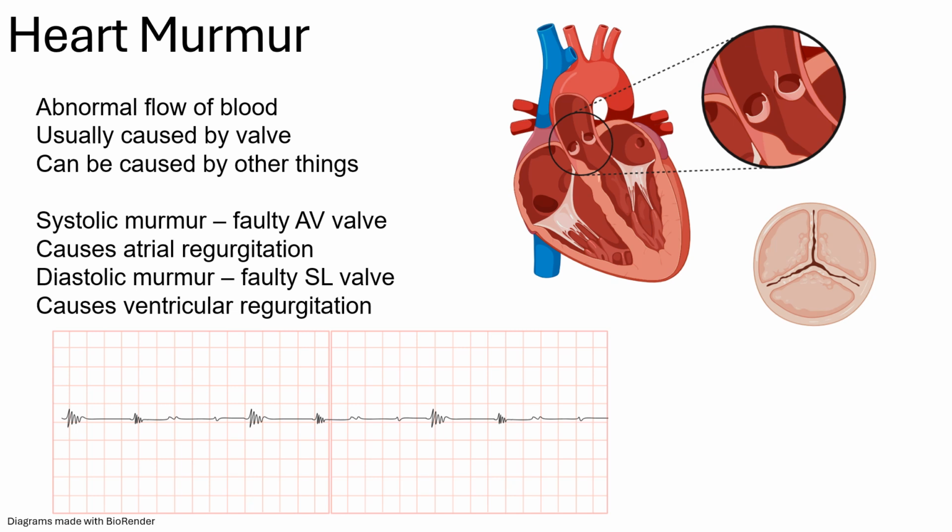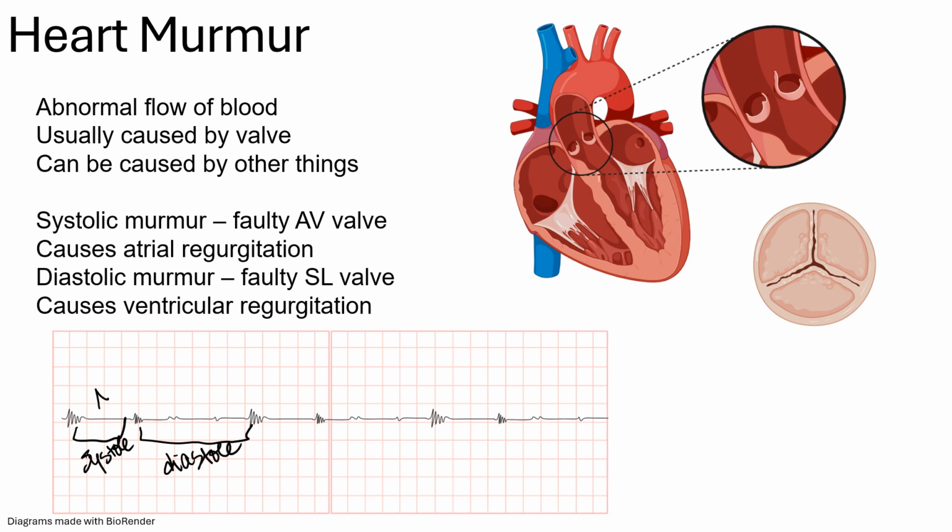Okay, so the simplest definition of a murmur is that there's abnormal blood flow. The most common cause of that is a faulty valve. A systolic murmur happens when the heart is pumping and could be the result of either AV valve not working, either one. So you would expect this is systole, this is diastole.